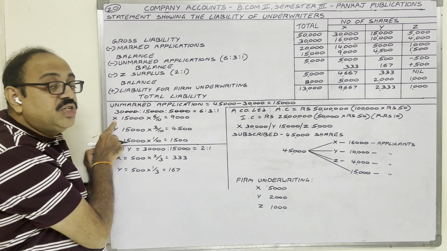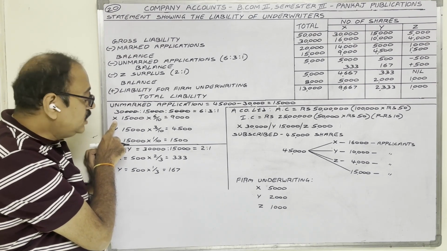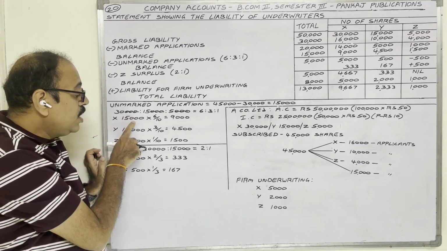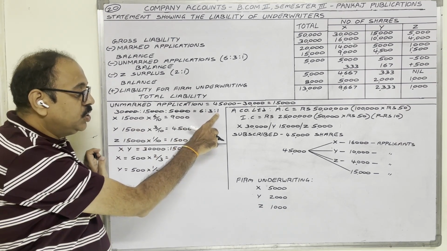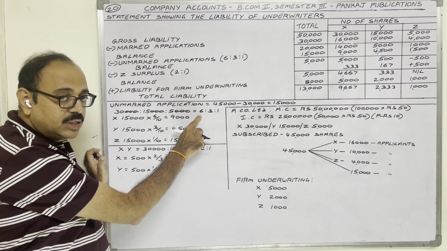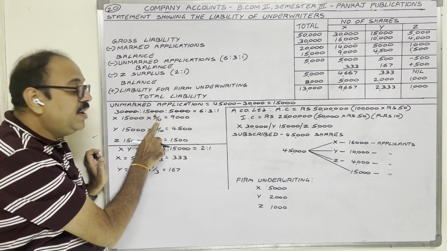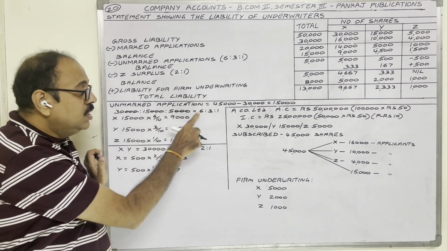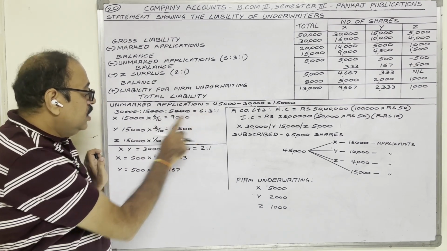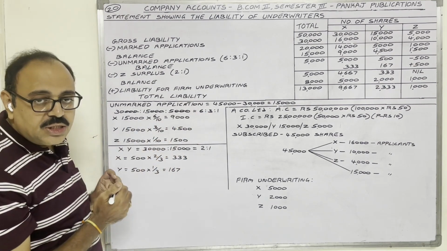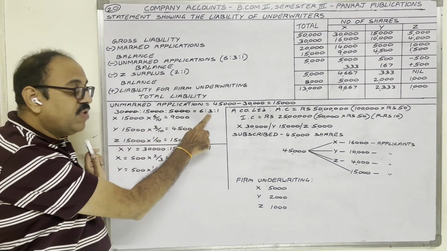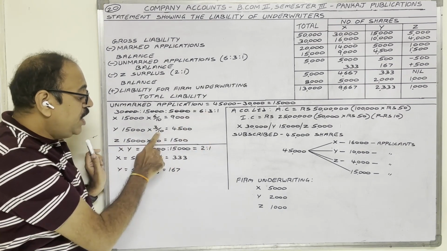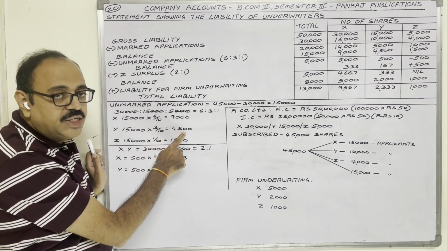Then the number of shares to be attributed to X is 15,000 unmarked applications into, in this 6 is to 3 is to 1 ratio, 6 belongs to X. Therefore, 6 by 10. How does 10 come? 6 plus 3 plus 1 is 10. So 9,000 shares. Similarly, for Y, 15,000 shares into Y's number 3 divided by 10, 4,500 shares.